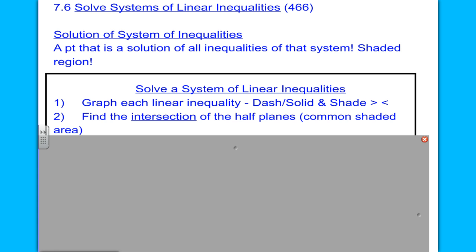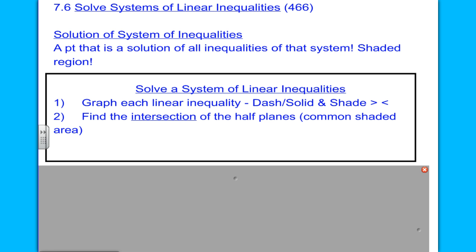Find where they're both shaded. Find the intersection of the half planes, the common shaded area, the overlapped area. You can call it whatever you like, right? In math terms, it's called the intersection of the half planes. Most people like to say it's where they're overlapping.